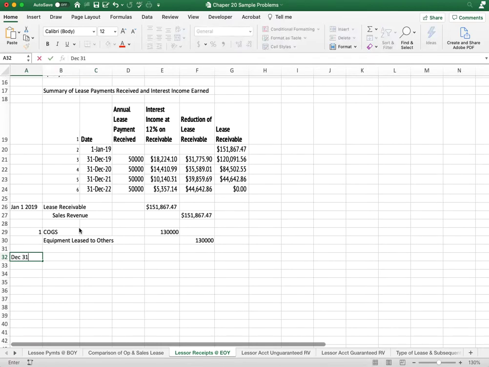Then on December 31st, we will have our lease receivable and interest income for the $18,000 from our table.